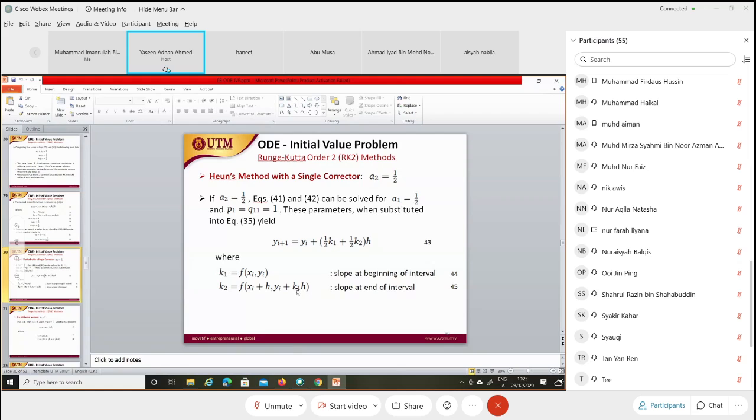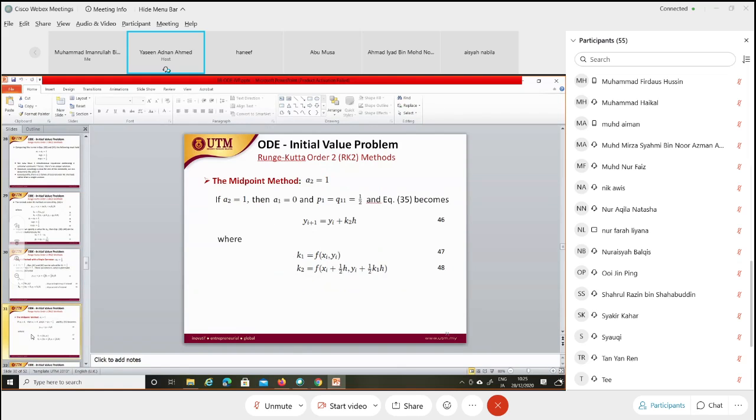So instead of xi, yi, in this case it is xi plus h, yi plus k1h. If you know these two coordinates, just put these two values in your equation and you will get the result. I will show you some examples later on, which will make things more clear.